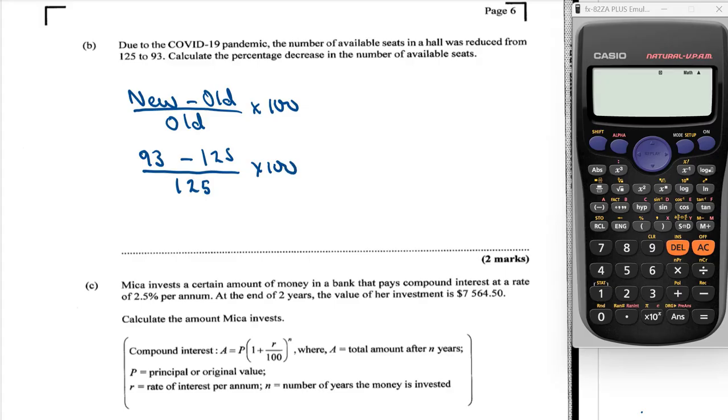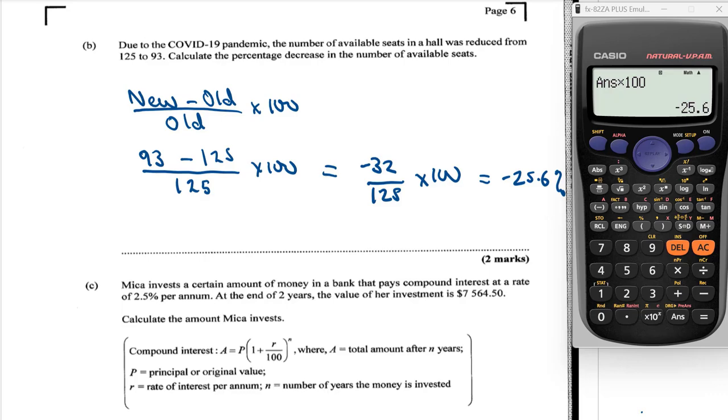So if we go ahead and put this in our calculators, we get 93 minus 125. That is going to give me negative 32 upon 125 times 100. So let's work this out now. Negative 32 divided by 125 times 100, and that gives me negative 25.6%.